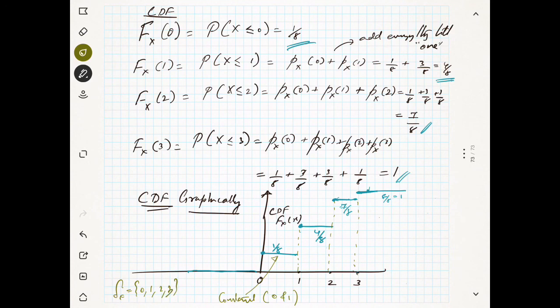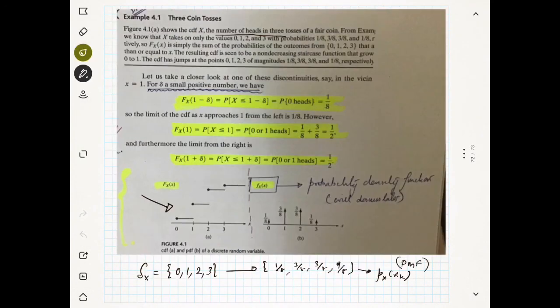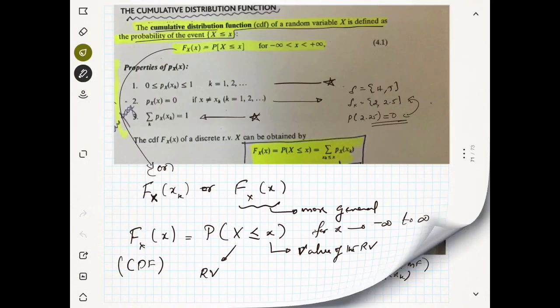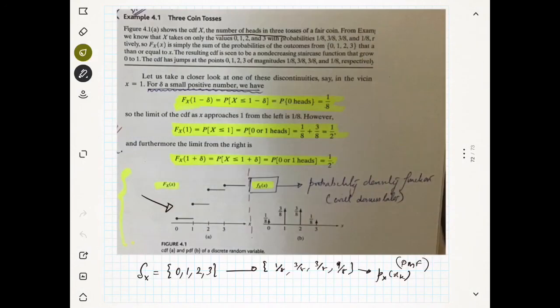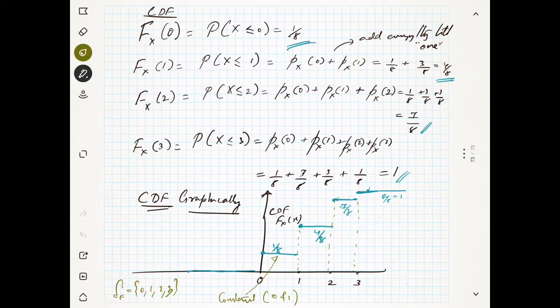So the probability assigned to all these points will be 0. That is what we have seen previously. If some element has a 0 value in the probability, then it is not an element of xk, it is not an element of your sample space.